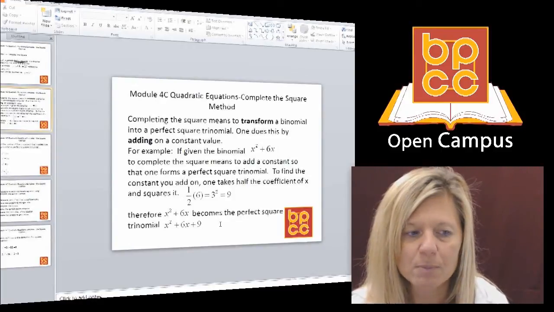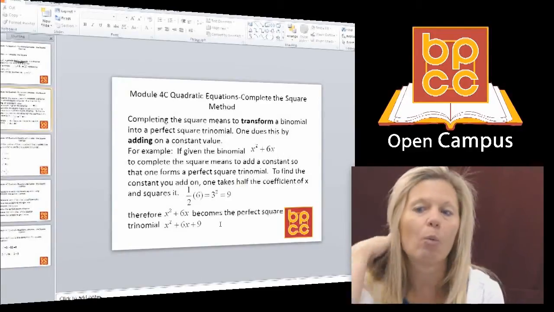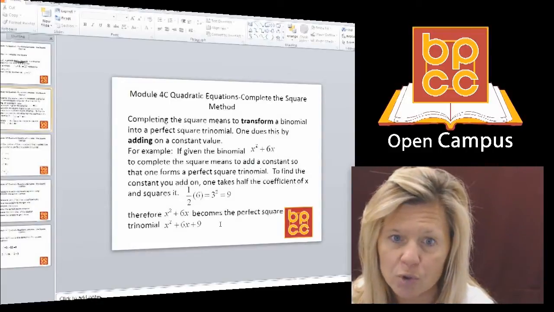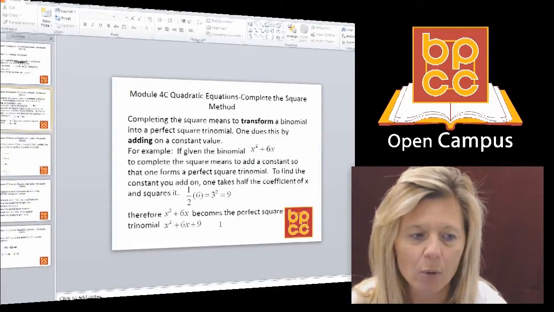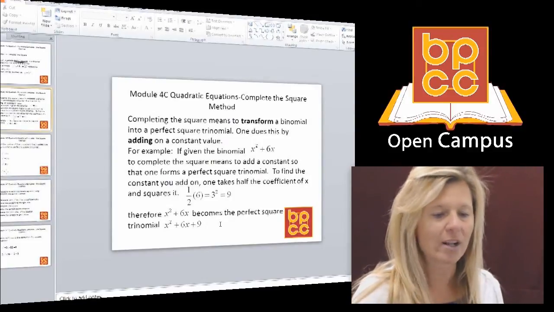So transform makes me think of the word change, like the Transformers, they change. And what you're going to do is you're going to take a binomial, which we know has 2 terms, and change it into a trinomial, which has 3 terms. Well, guys, there's only one way to do that.